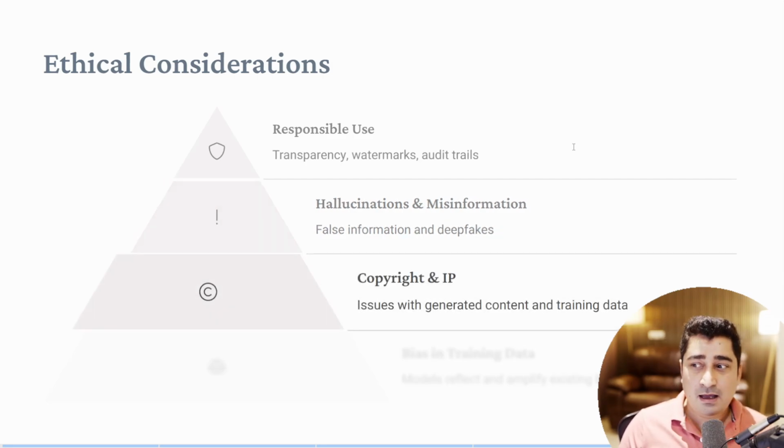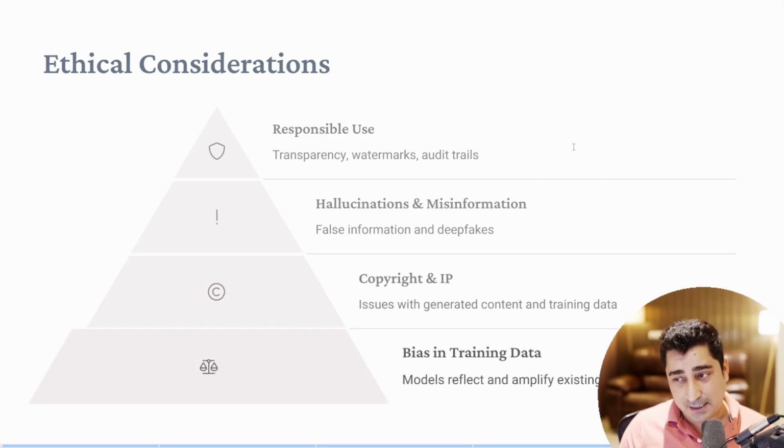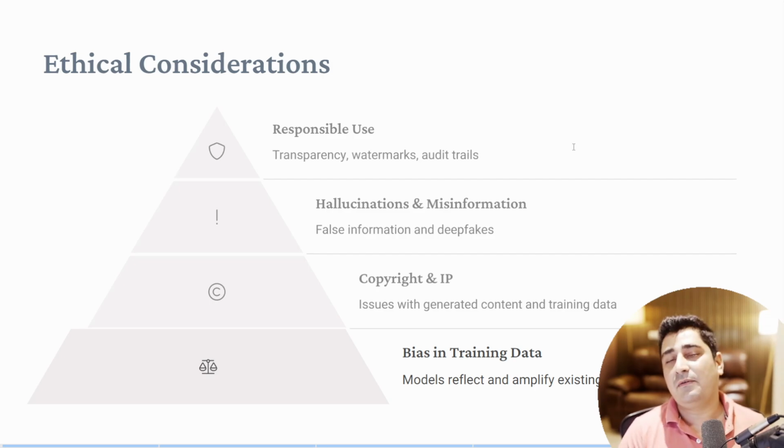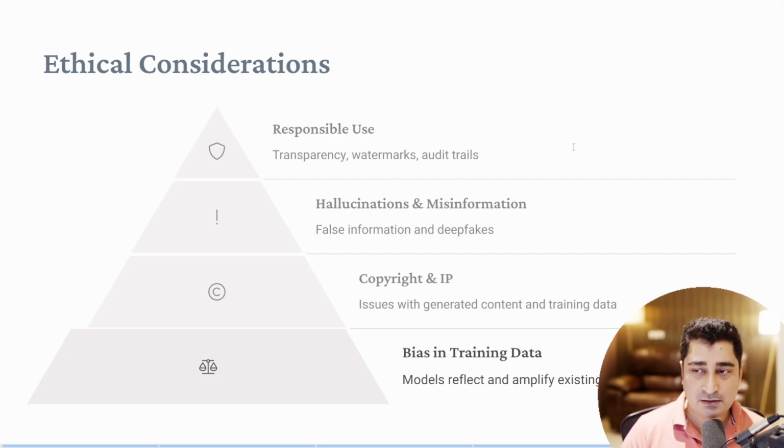Copyright and IP. I don't know how many companies are following this part nowadays, but yeah, I think we should do it. But again, it's very subjective. Bias in training data we have to remove. So these are the ethical considerations, guys, that you have to keep, and we are going to even talk about that in our series. I have a particular module, a particular topic for that one.